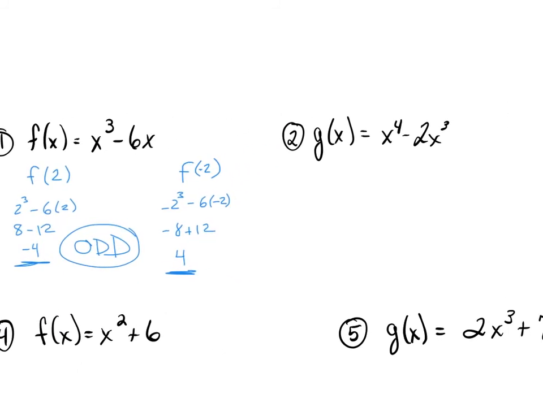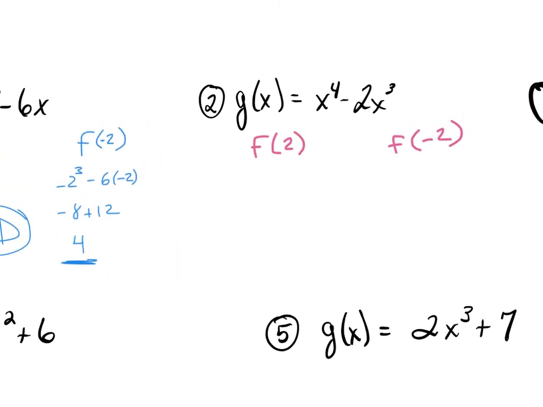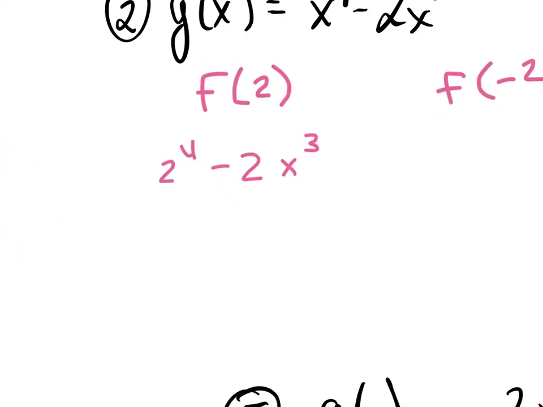Let's take a look at number 2. Again, let's plug in 2 and negative 2. So we have 2 to the 4th power minus 2 times x to the 3rd power. 2 to the 4th power would be 16 minus 2 times x to the 3rd power, which would be 8.